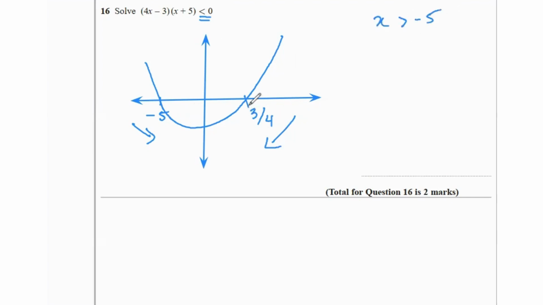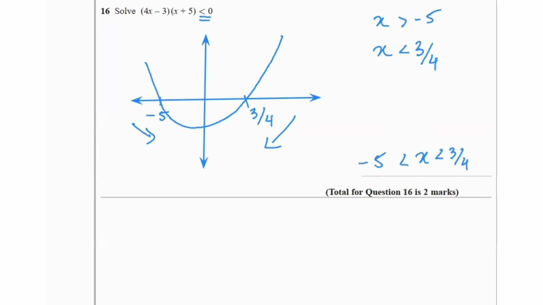And at x equals to 3 by 4, your values of x are decreasing because they're going towards the negative side. Now, the thing is, since the two values are converging, that means we need to write the answer as a joint inequality. If the two values were diverging, then you would write them separately. So the final answer would be x is less than 3 by 4, but it's greater than -5.